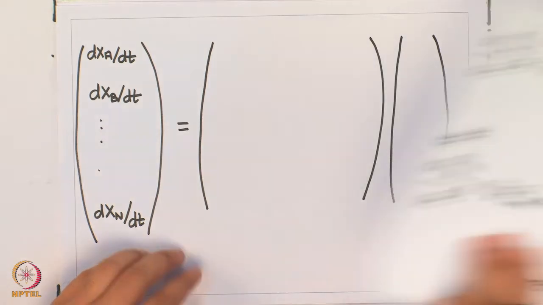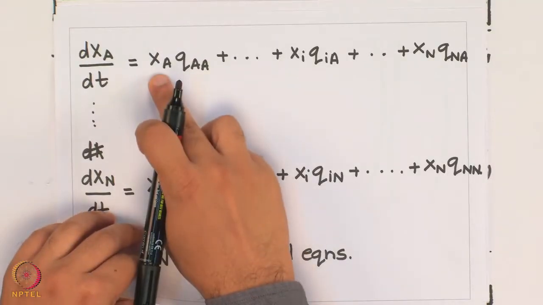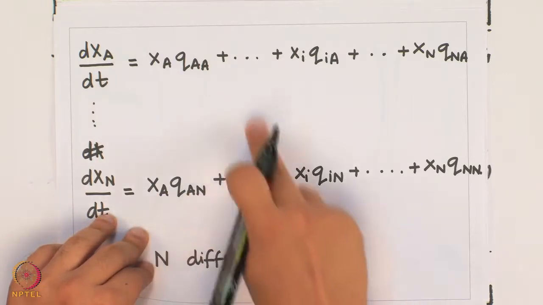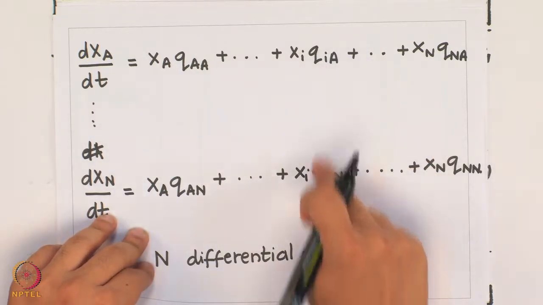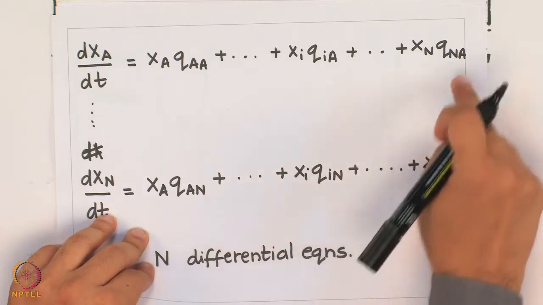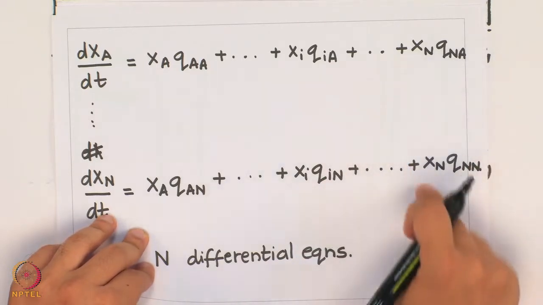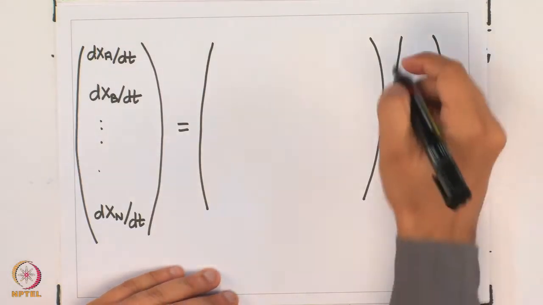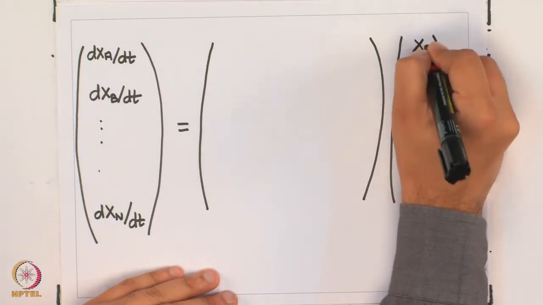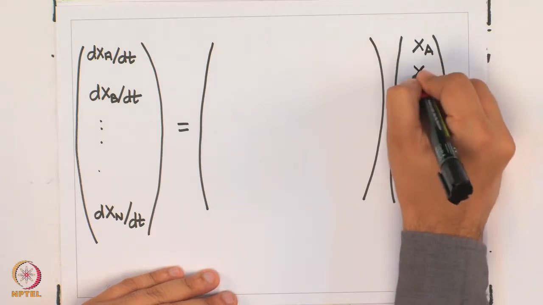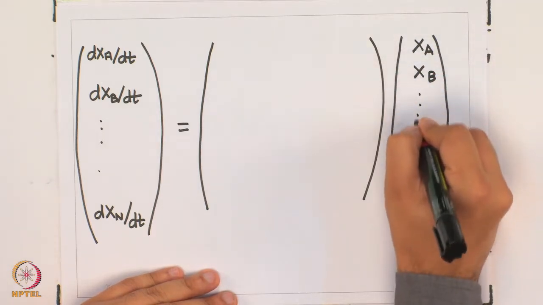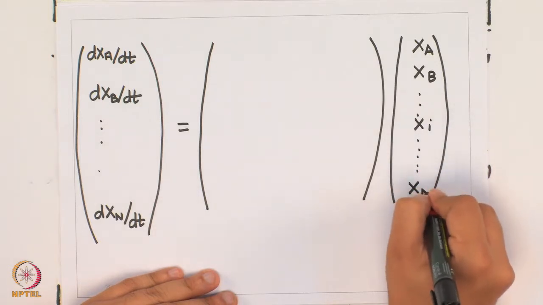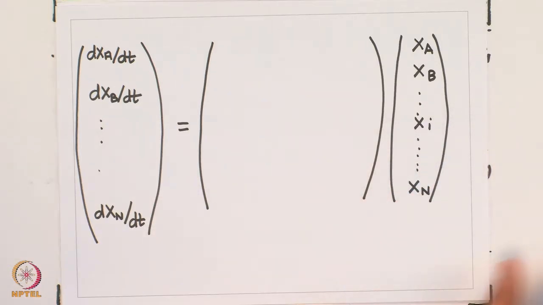The vector can be sensed from the fact that the first term in each equation is multiplied with xA, the ith term in each equation is multiplied with xI, and the last term in each equation is multiplied with xN. That gives me a clue about what should be the nature of this vector, and that should be xA, xB, xI going all the way up to xN. That's the vector that I'm talking about.